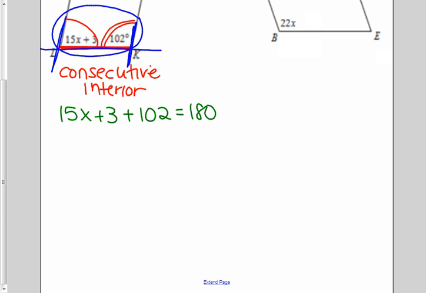So what I would do here is combine some like terms. To combine like terms here, you get 15x plus 105 equals 180. And then from here, you would have to solve for x. So we're going to have to subtract the 105 from both sides.